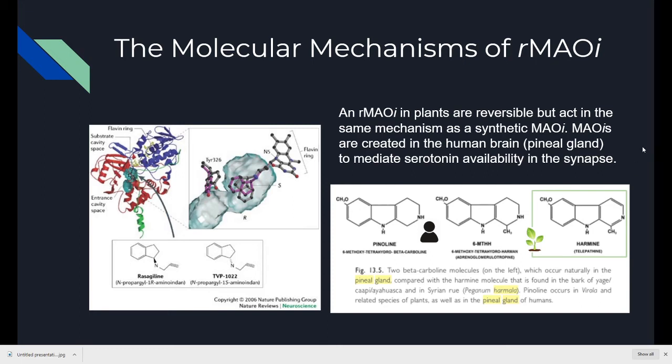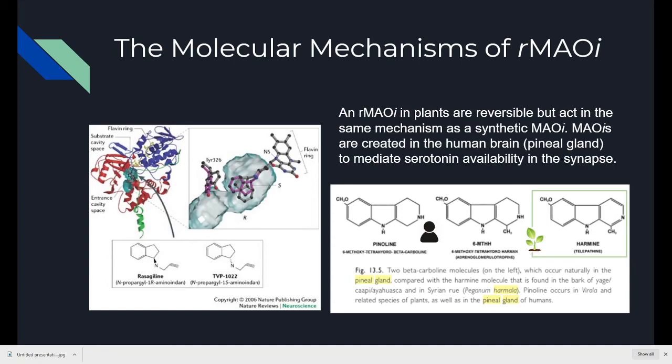And as far as serotonin goes, I want to note the pineal gland regularly mediates our serotonin availability in our synapse. So basically, this is a secondary serotonin reaction as well. And the interaction of DMT specifically with the serotonin receptor is what we're going for.